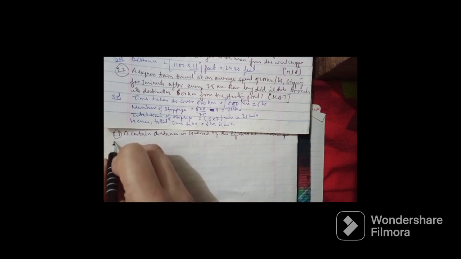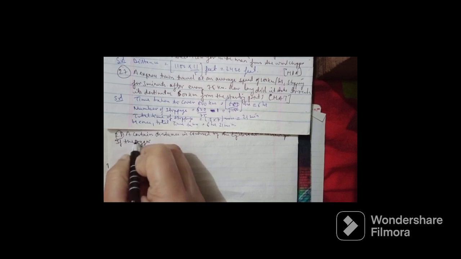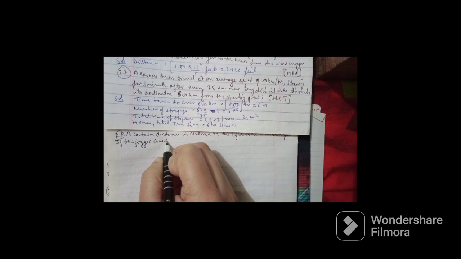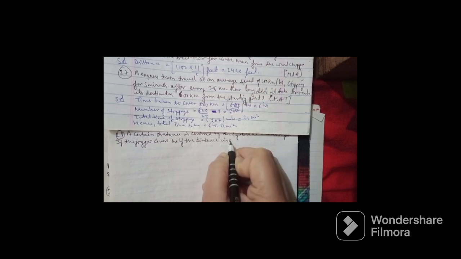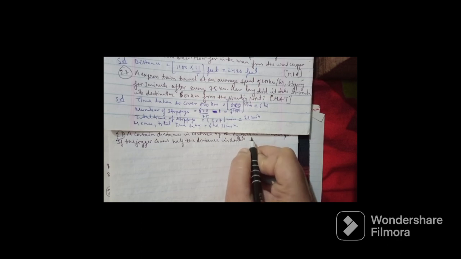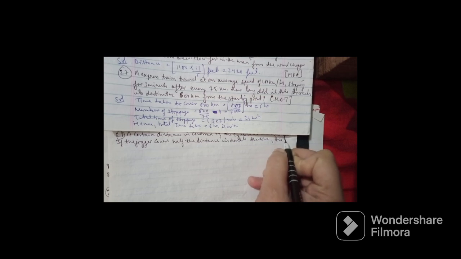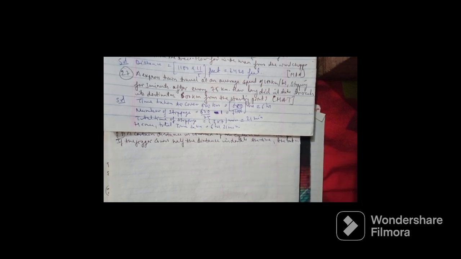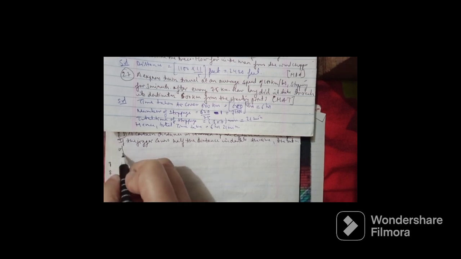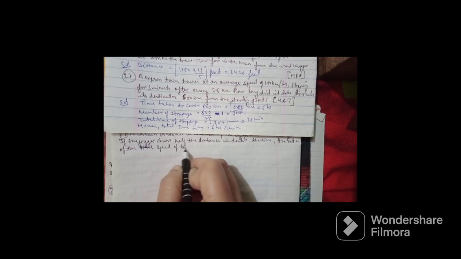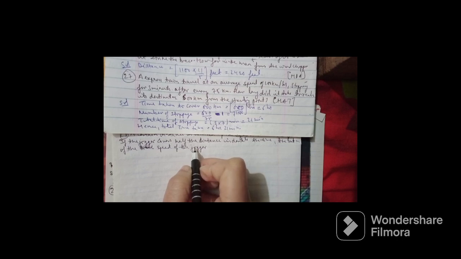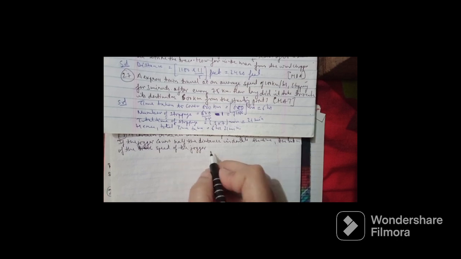If the jogger covers half the distance in double that time, the ratio of the speed of the jogger to that of the cyclist is?